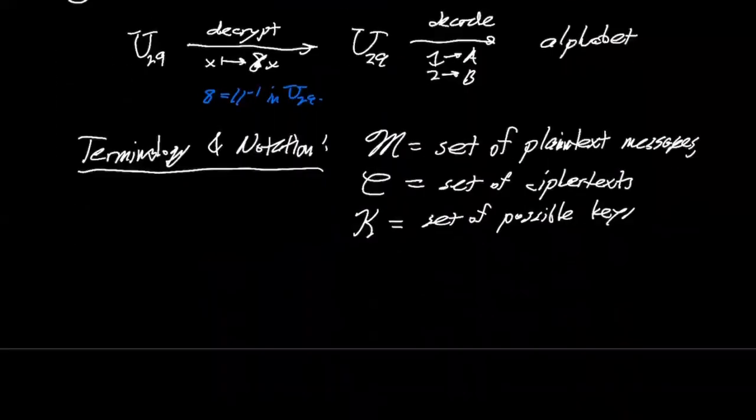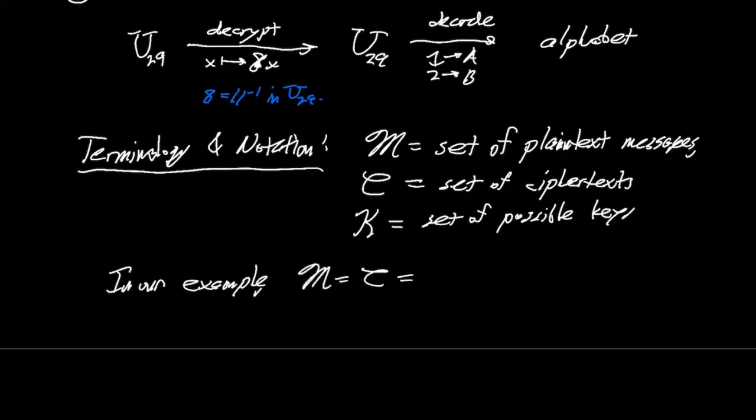So, in our example, all of these sets are actually units mod 29. C equals K equals U29, or the way textbooks will say this is F29 cross.